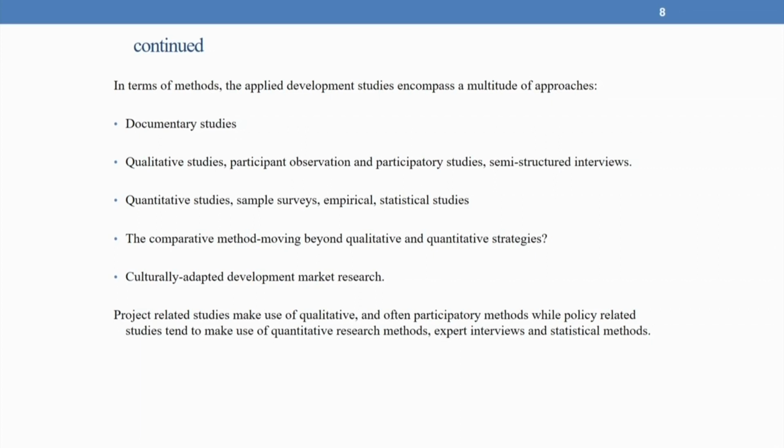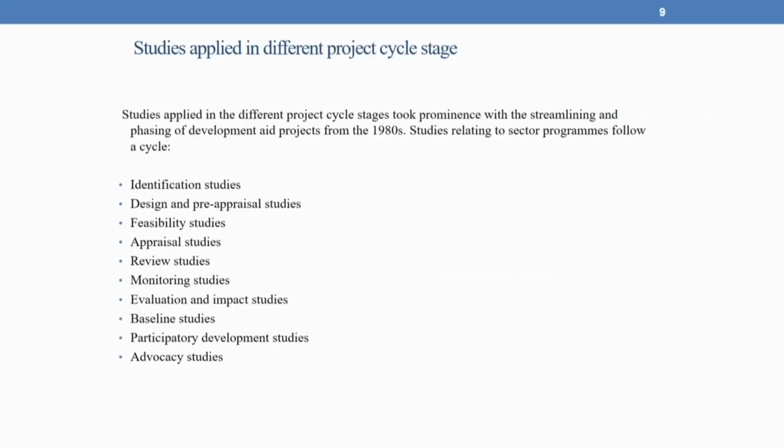Now, different kinds of studies have been applied in different project cycles, starting from the period of the 1980s, where there were a lot of development aid projects coming in. So, depending upon the project cycle, different kinds of studies have been carried out relating to the sectoral programs that are followed. For example, within a certain project, one or more of such kinds of studies may be taken up.